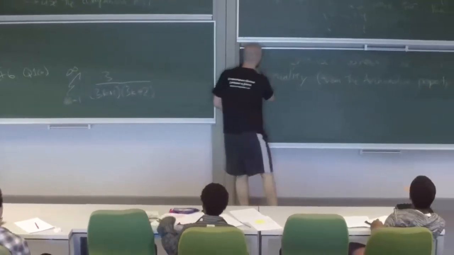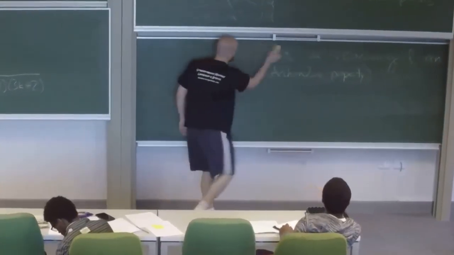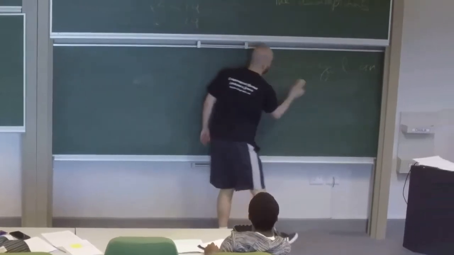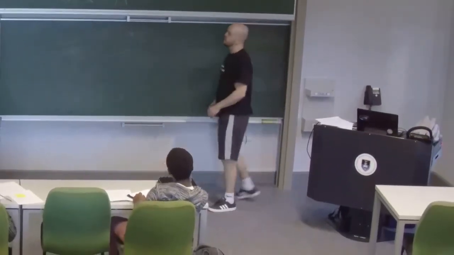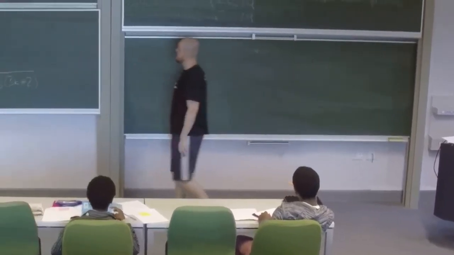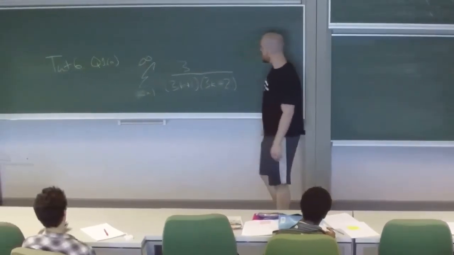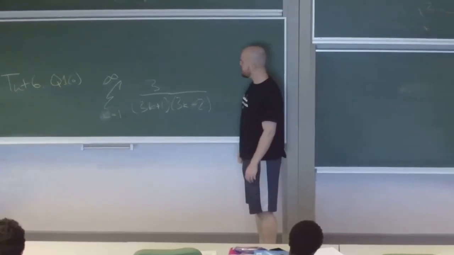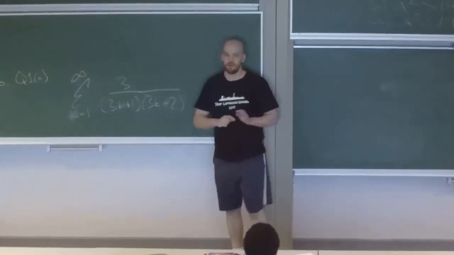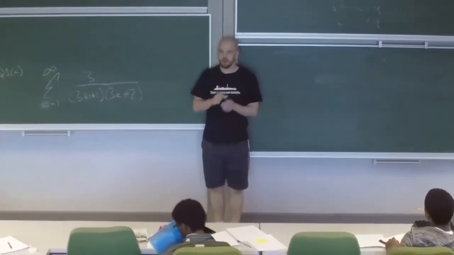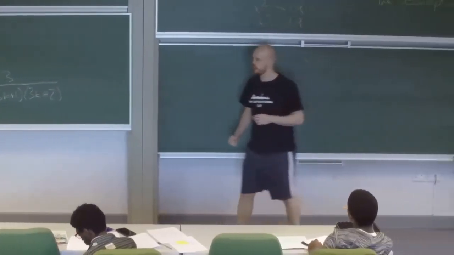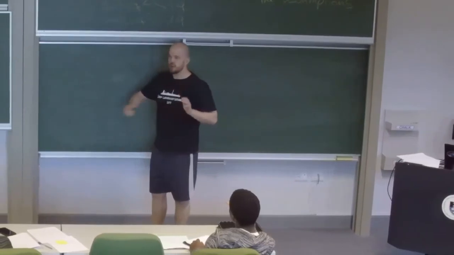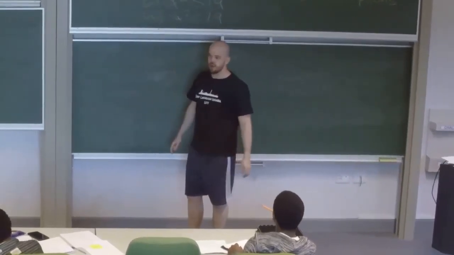Okay, so basically the idea is, when you're looking at this infinite series, you're really trying to add up this infinite list of numbers in some sense. And really the earlier numbers don't matter that much. We've kind of seen that.